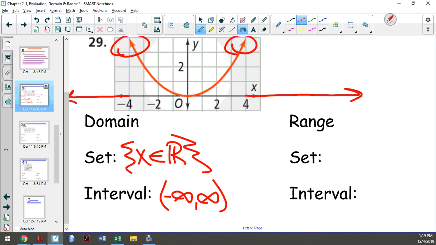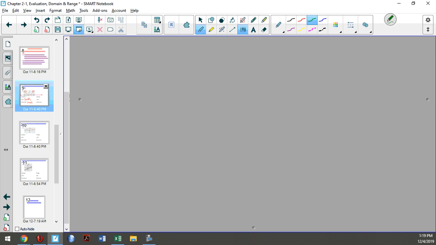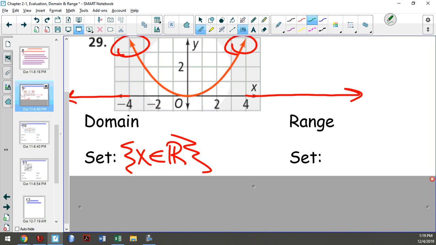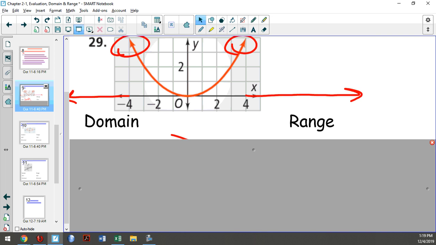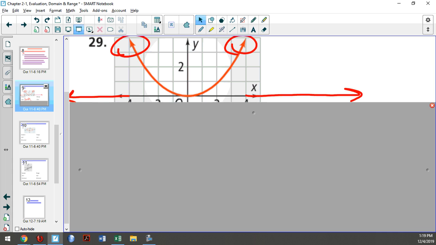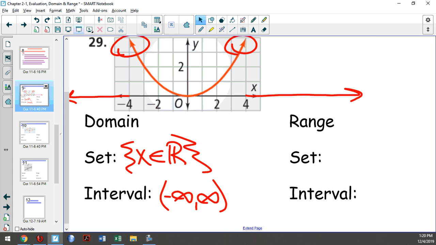Range. How do I read range? From bottom to top. Now, I am literally going to use my lovely little blind here. Okay, do you see this line? My blind, I'm approaching, when do I first run into my graph? At what Y value? 0. Did you see that? I ran into it at 0. So if I run into it at 0, when do I stop running into it?